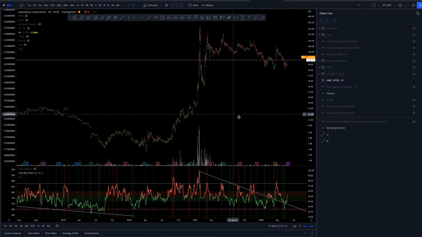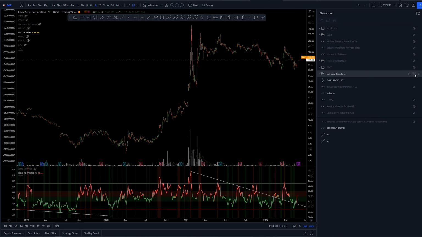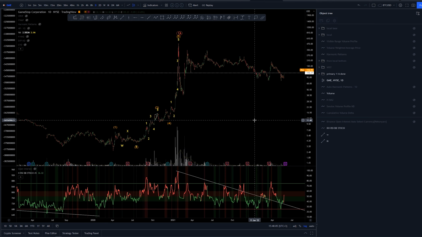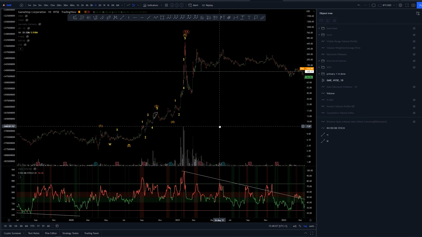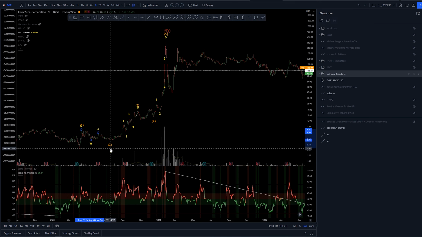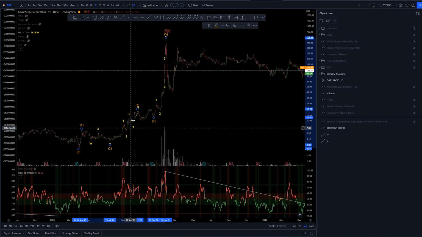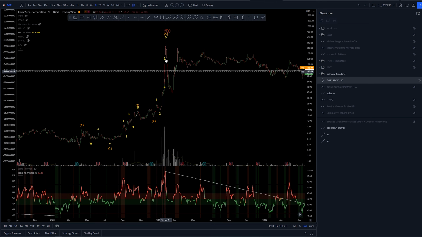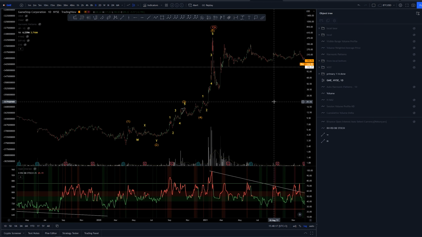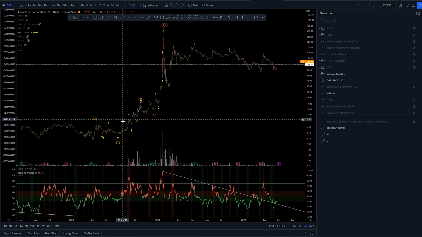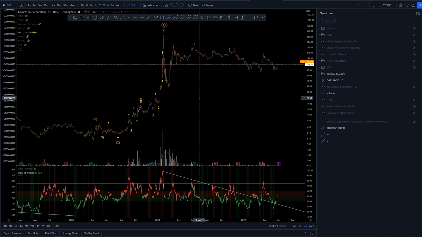Starting with the daily time frame, let's take a look at the higher time frame stuff. I've labeled this as a 1, 2, then 3, 4 and 5. However you want to label this does not really matter.